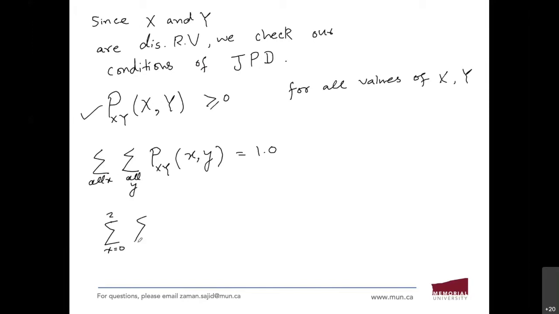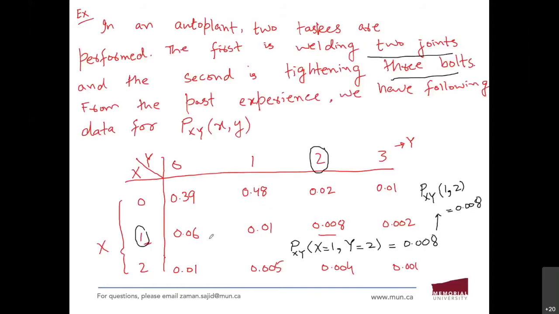For y, we know it is starting from 0 and it is going up to 3. That is equal to 1.0. Now this term on the left hand side, in simple terms, what does it mean? I will start from here and add up all these numbers, and they should be equal to 1.